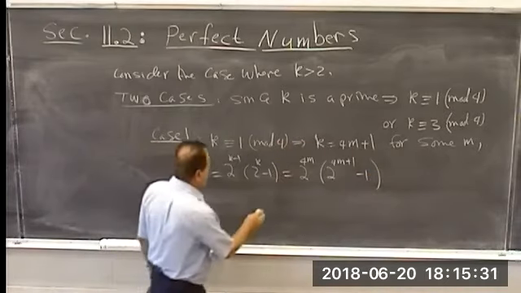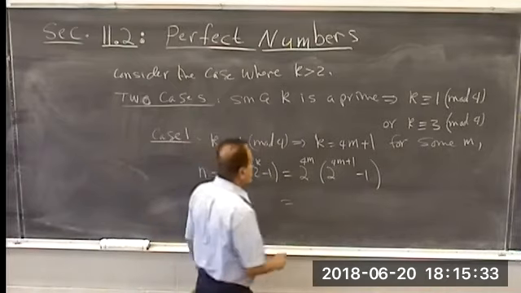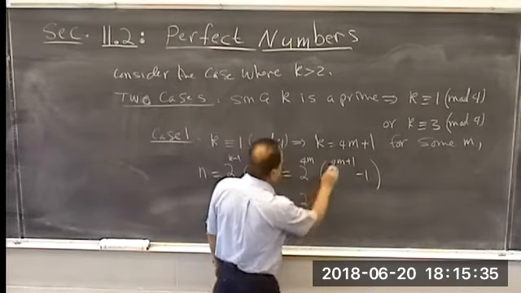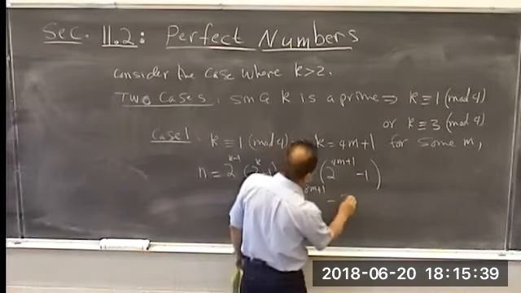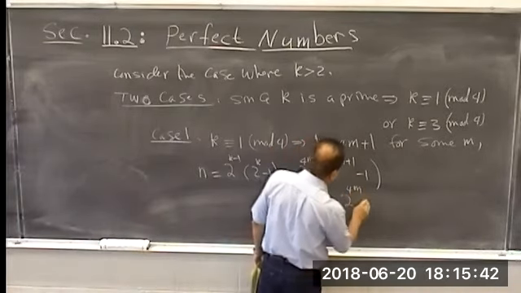Let's multiply this out, and this becomes 2^(8m+1) - 2^(4m).